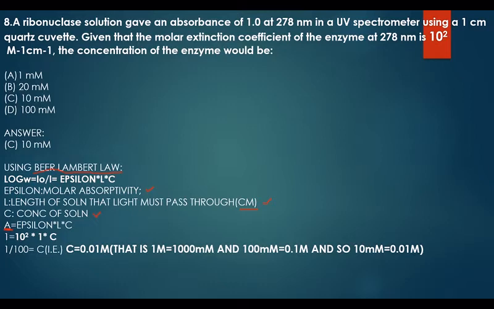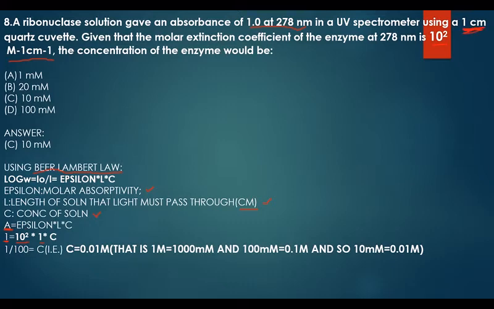Absorbance here is 1 at 278 nanometer. So A is 1 equal to epsilon, the molar absorptivity, that is 10 square per molar per centimeter. So 10 square is taken as epsilon, and the length of the cuvette is 1 centimeter. So for that 1 centimeter only the light must pass.